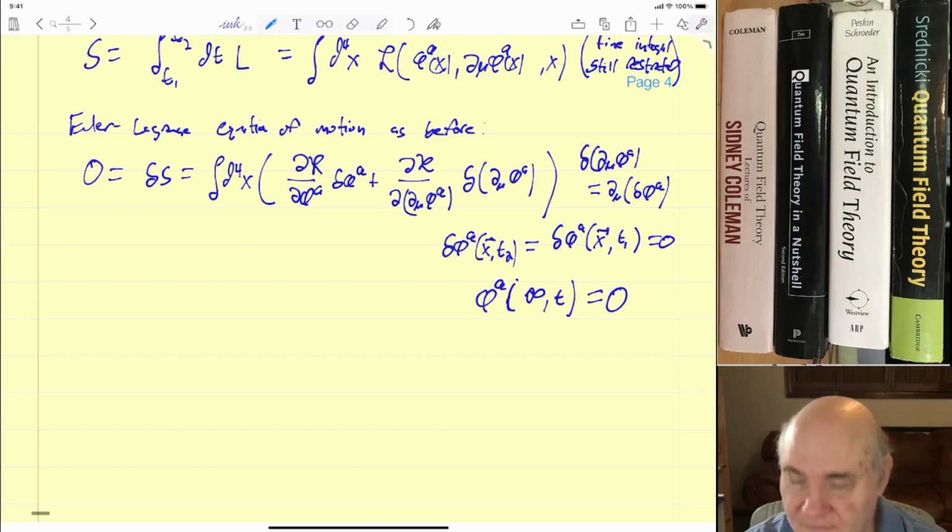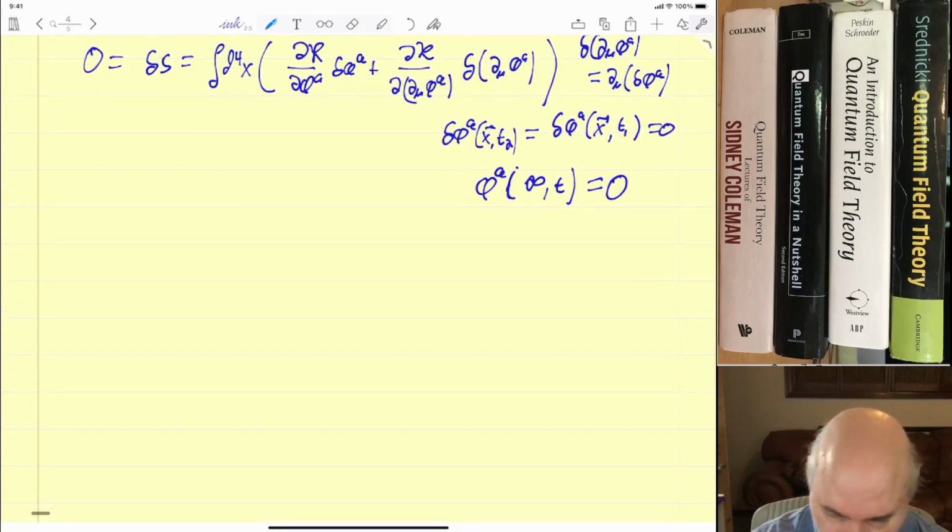So we're assuming that the fields fall off sufficiently fast so that at infinity they're 0 for all time. Now, obviously, when we do things like incoming electromagnetic waves and everything, this condition can't really hold. But in deriving the Euler-Lagrange equations of motions, we always assume this.